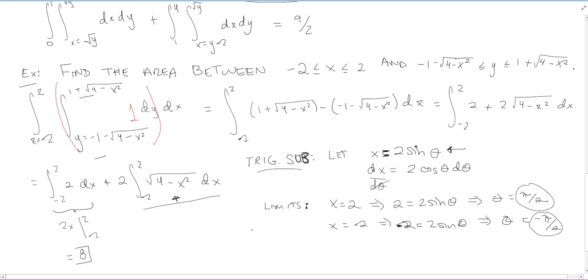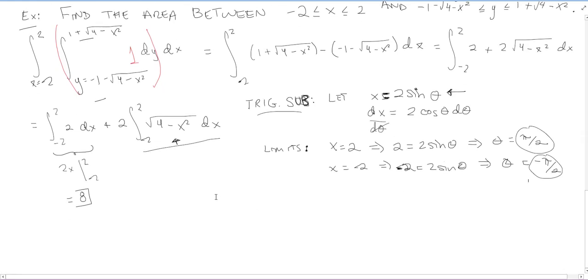All right, so now let's go ahead and plug these things into our integral, and then the radicand. Remember that 8 is still in the front. So we have so far 8 plus 2 times our integral. Our new lower limit for theta is negative pi over 2, and the upper limit is pi over 2.